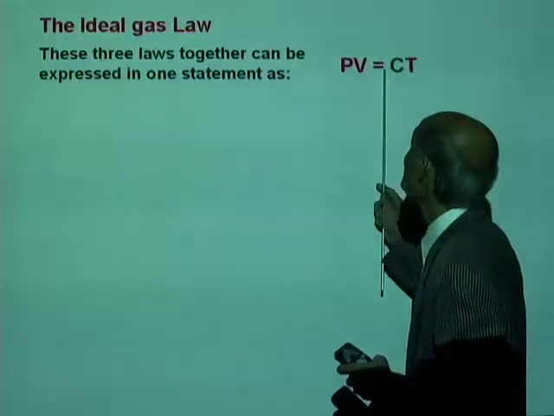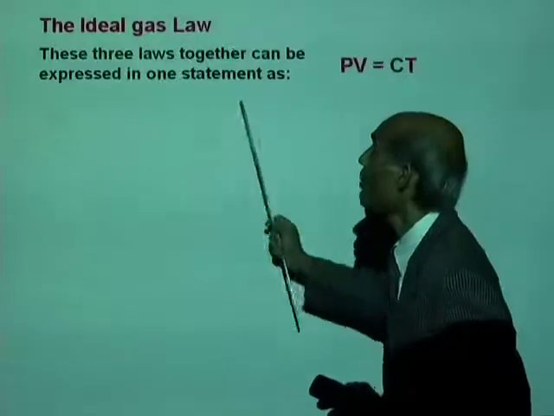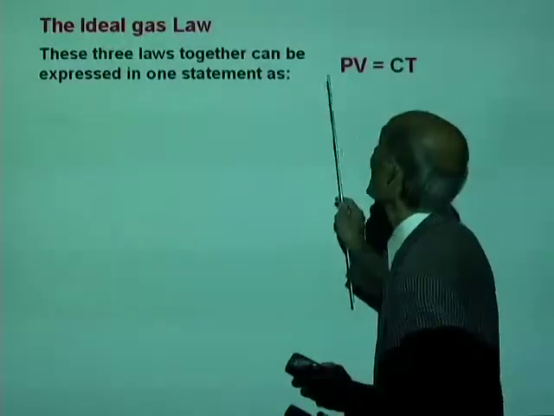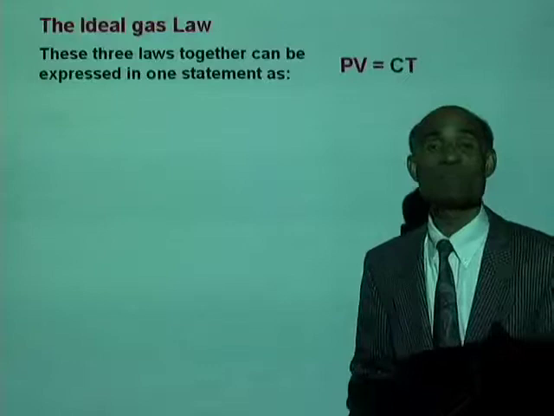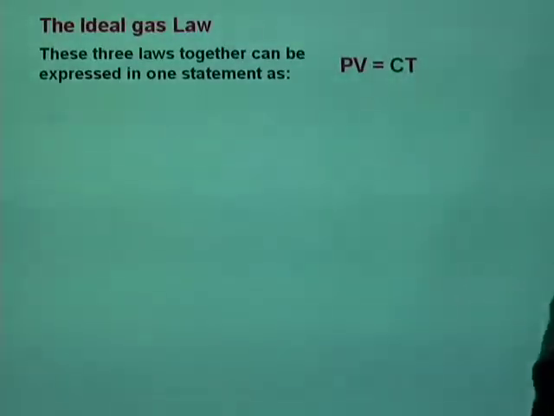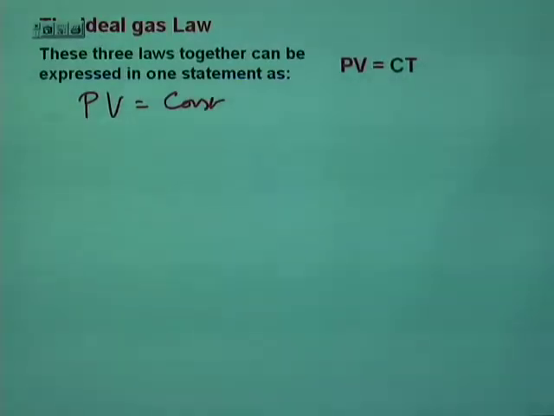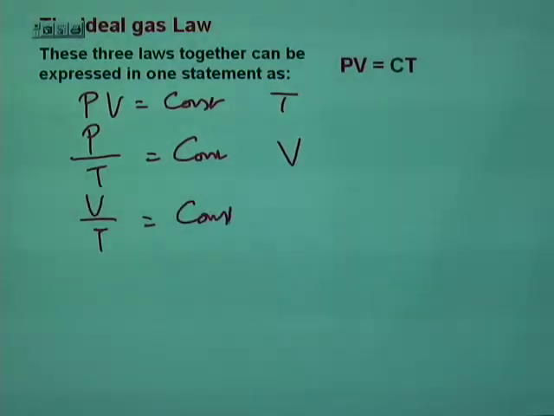We can combine all those three together and write it like this. Look at those three laws one more time. We get PV equal to a constant when T is a constant. P over T is a constant when V is a constant. And V over T is a constant when P is a constant.